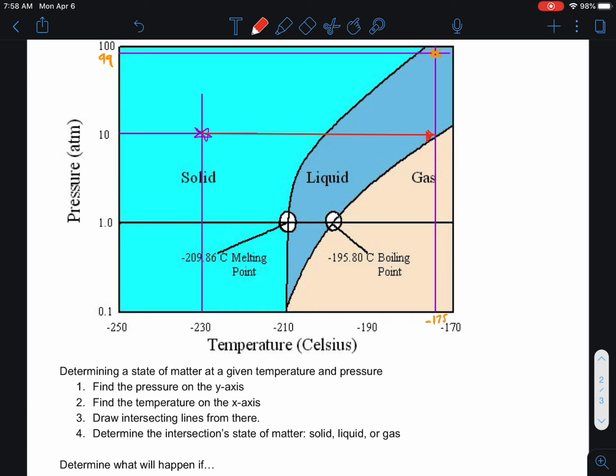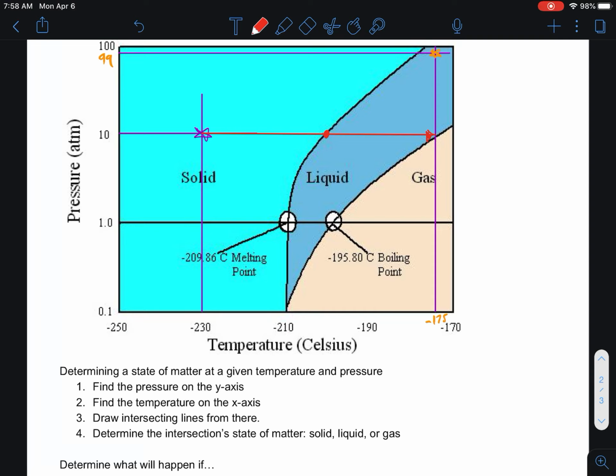All right, so if we increase the temperature by 55 degrees Celsius, we travel the red line. So to describe what would happen, I'd say, well, it would start as a solid. It would transition from solid to liquid. And you would use good vocabulary and say that would be melting. Once it reached negative 175 degrees Celsius, it would be a liquid.